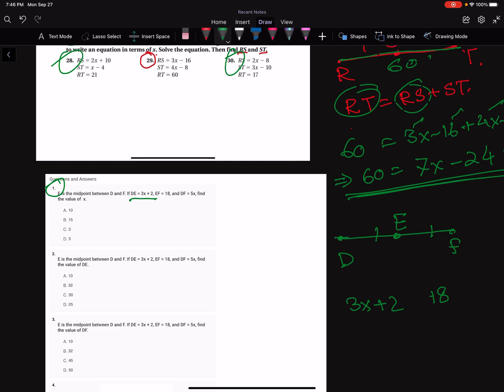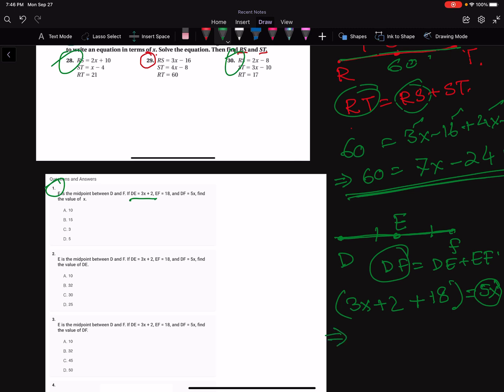DF is the whole thing. DF equals DE plus EF. Now your job is to simplify and find x.